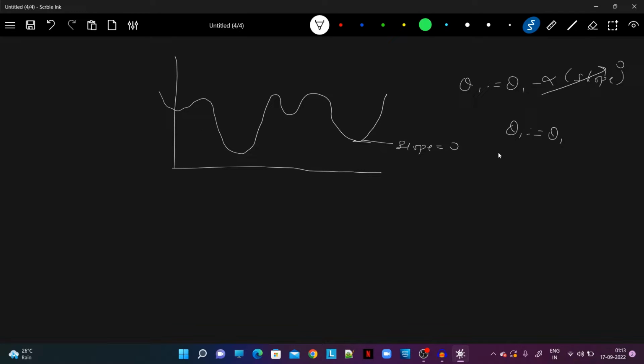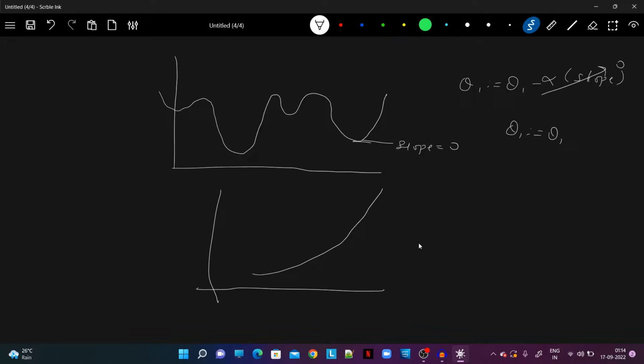Because see, if alpha is fixed, you are not changing the value of alpha. Okay, what will happen? Let us observe this function. Let us say this is the cost function. Forgive my drawing.